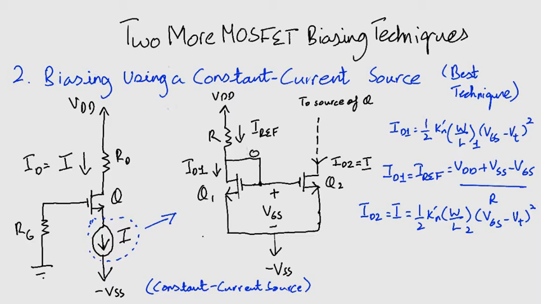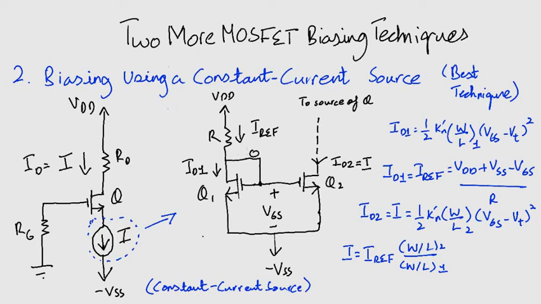They are identical except for one parameter, that is the aspect ratio W over L. For ID1 it is denoted by the subscript 1, and for ID2 it is denoted by subscript 2. The rest of the things are the same, so we can write a ratio, and so the reference current is hence now related to the desired current I.